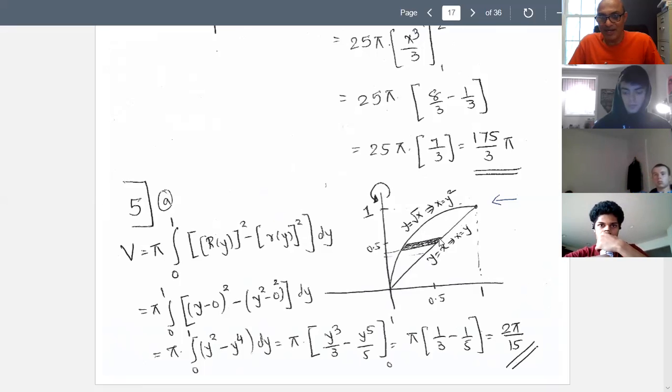Anyway, my capital Ry starts from here to the axis of revolution, which means it is y minus 0. Agree? I know y minus 0 is simply y, but it could not be every time. It will not be every time just revolution about the y-axis. It could be something different too. That's why I just wanted to follow the formula. So capital Ry equals my most right side to the axis of revolution, y minus 0. My small ry is the bottom part of the strip to the axis of revolution.